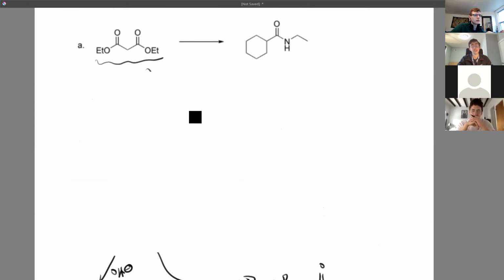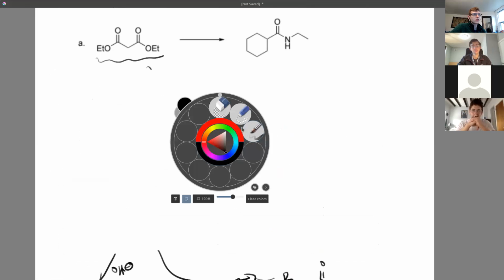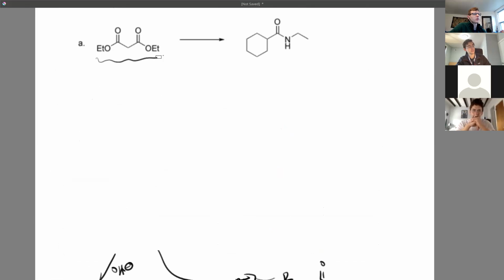Yeah, we could try a different starting compound, instead of something with a ring that's already there. We do something else. So the key here is that there's 2 hydrogens.